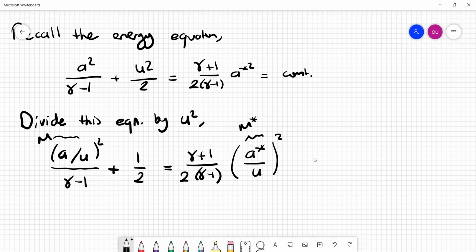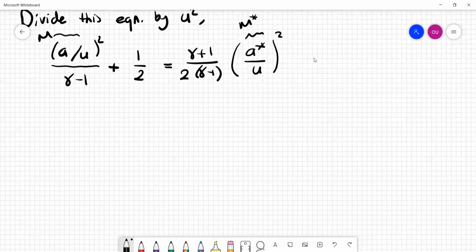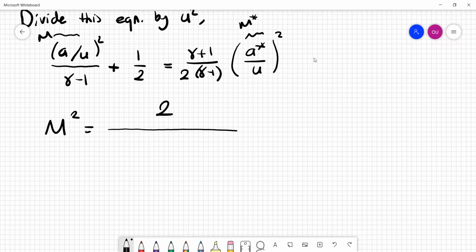Just rearrange this, organize it a little bit, and I can solve for M square, the local Mach number square. It's going to be equal to 2 divided by gamma plus 1 over M star square, minus gamma minus 1. So now I have a relation between the local Mach number and the characteristic Mach number.